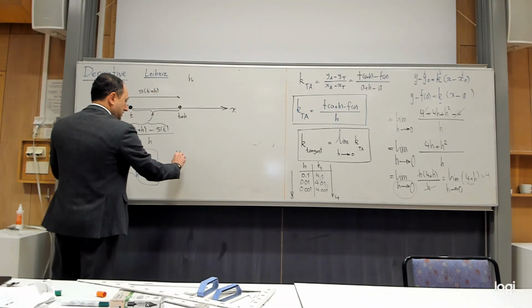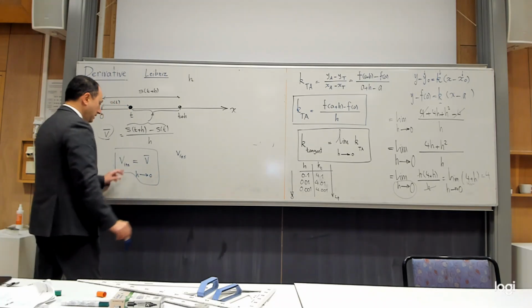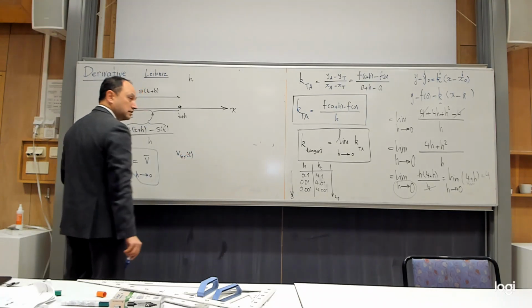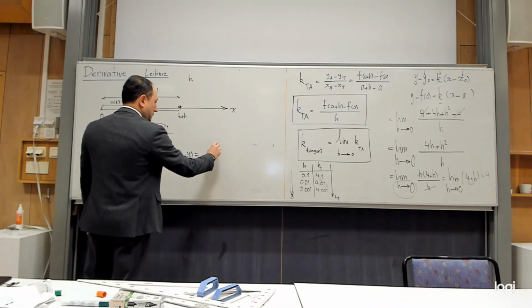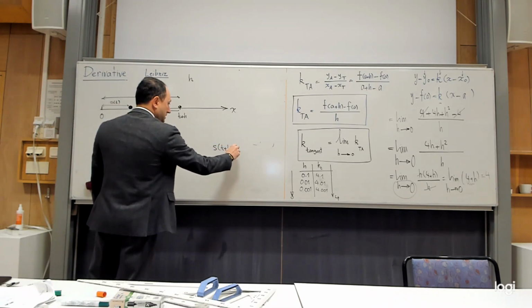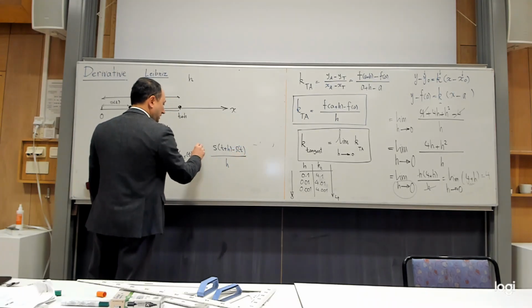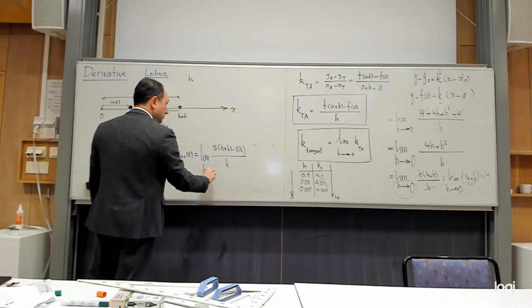So V instantaneous at time t is equal to this average velocity, s(t plus h) minus s(t) divided by h, limit h goes to 0.